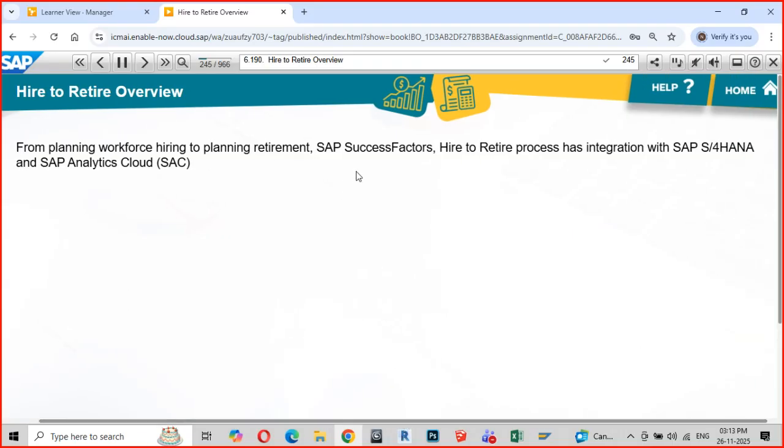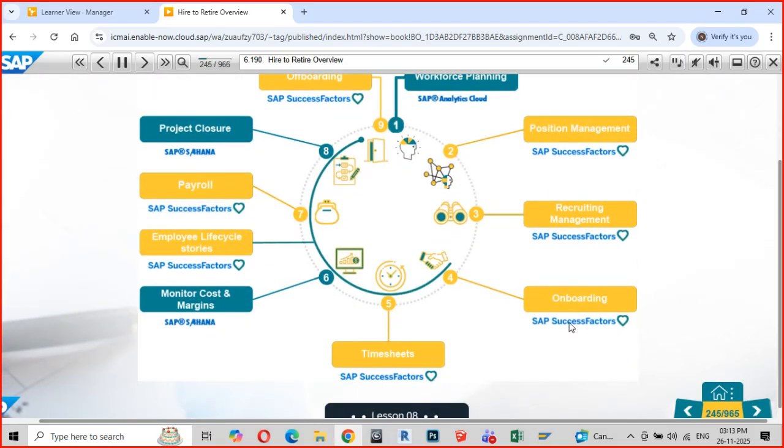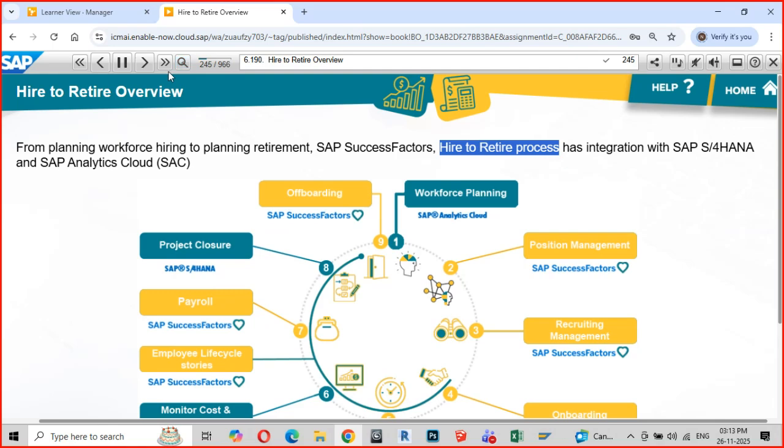So as I said, from the process of hiring with all the processes of your promotions, your travel, everything is onboarding, monitor costs and gains, employee life cycle stories, your payroll, from onboarding to your offboarding.